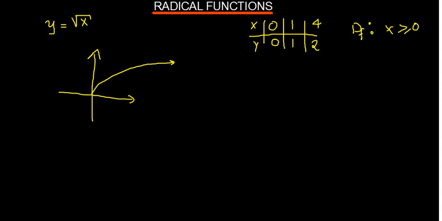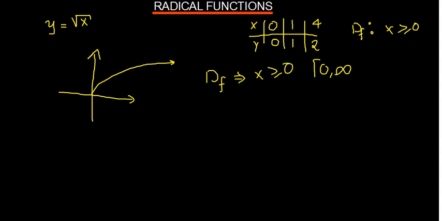So we are saying for this function, the domain, so say d with a subscript f, domain of this function is what? X is greater than or equal to 0. That's a domain. Or we can put it in set builder notation, or we can put it in interval notation. We can say it is from 0 up to infinity.